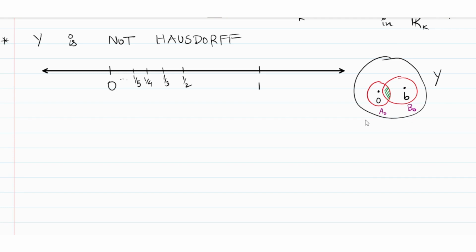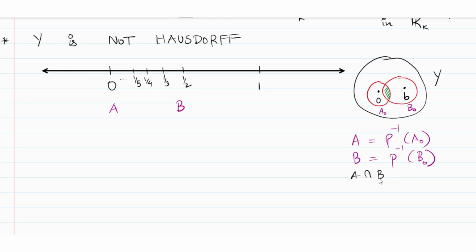So they are inverse images. Let's take that to be A and B. So basically I'm saying that A is P inverse of A0 and B is P inverse of B0.